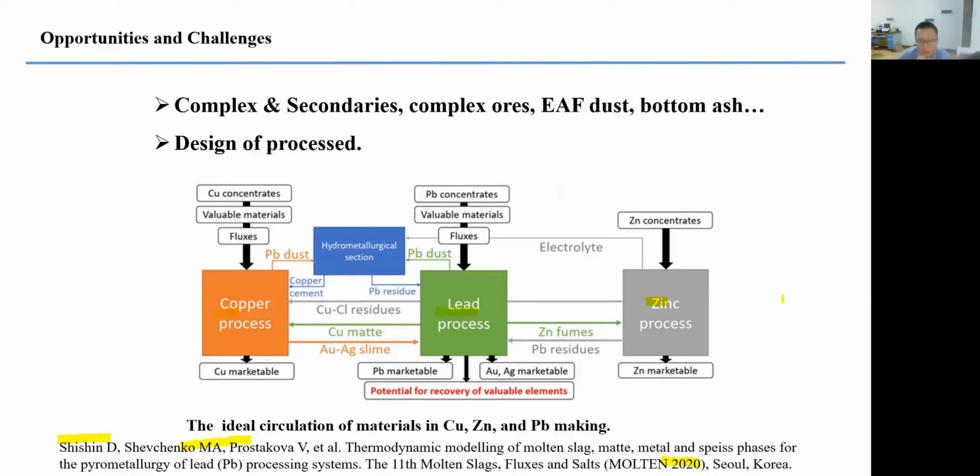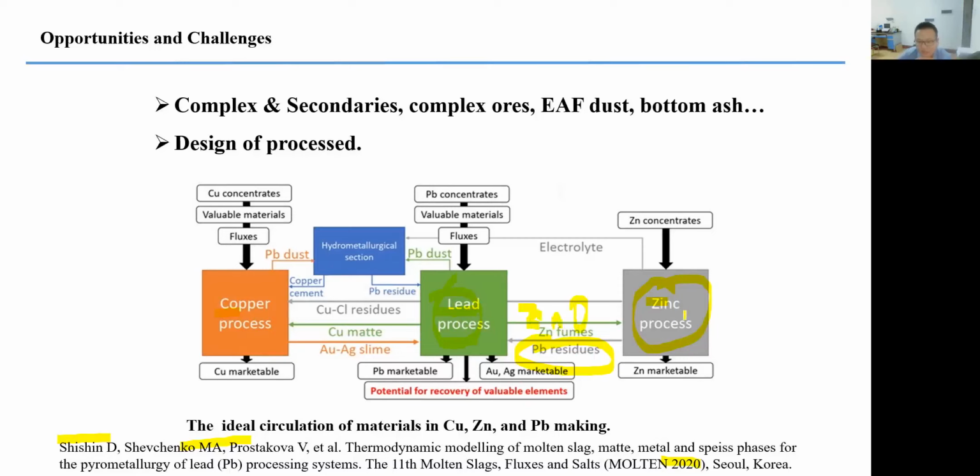They should be well designed and processed in a nice way, because as we mentioned, in zinc today there are residues like lead and silver leaching residue. They can be returned or sent to the lead process, and we can recycle that lead and silver. And in the lead process, there will be some minerals containing a high amount of zinc, and in this process there is some secondary zinc oxide.